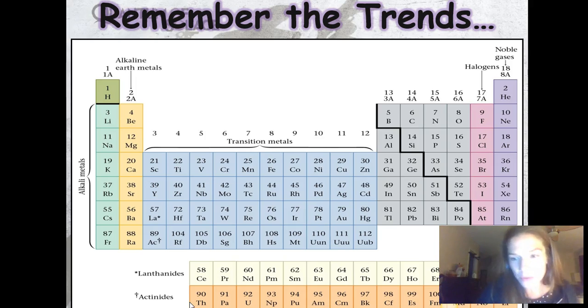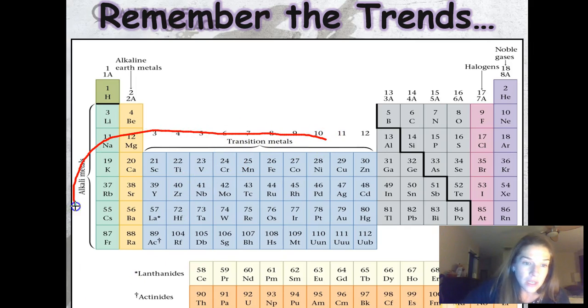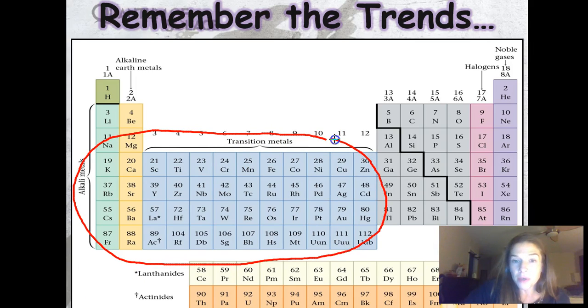All right, so let's remember these trends. We had different ways to classify elements on the periodic table, and we obviously had different trends that we looked at. One way to classify the periodic table was between metals and nonmetals. Now, metals fall on the left-hand side of the periodic table.